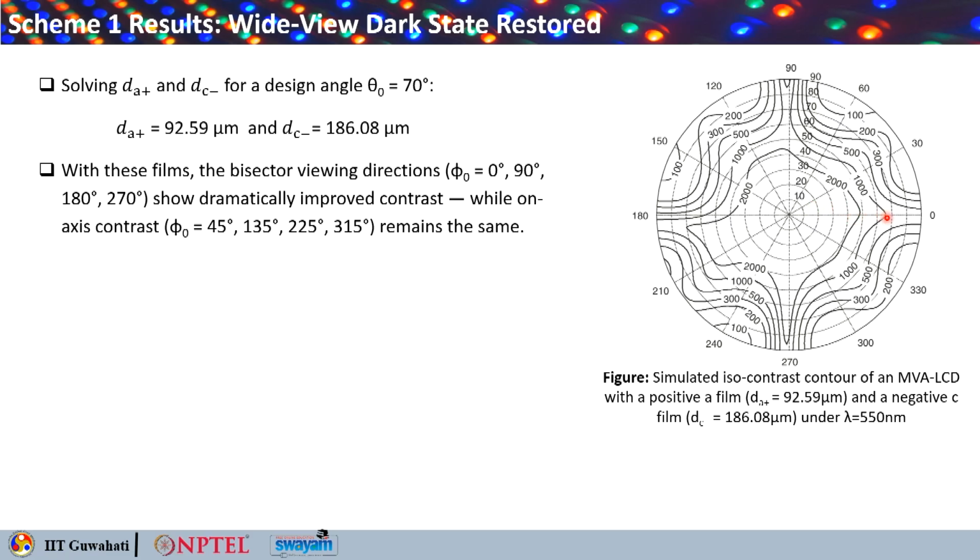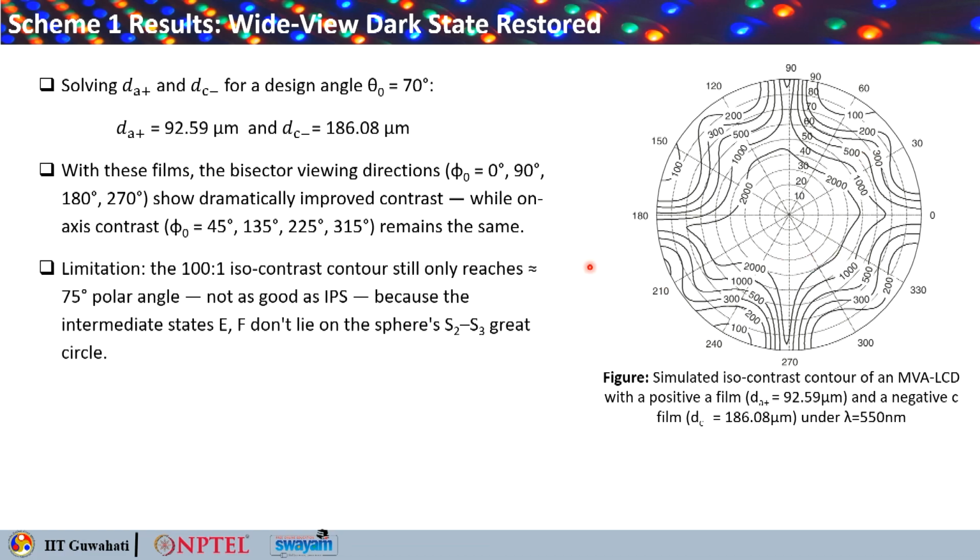Even between 30, 40, 50, 60 degrees you are getting more than 1000 contrast ratio, while the on-axis contrasts at 45, 135, 225 and 315 degrees remain the same.